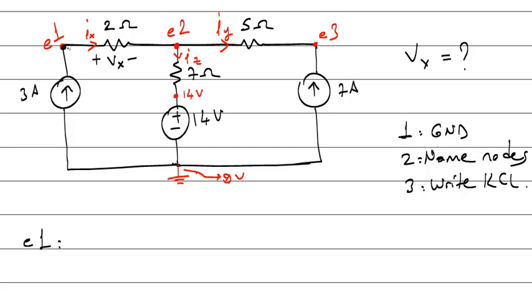Okay. What is the KCL equation? What's entering to node E1? 3 amps. That's it. It's equal to summation of exiting, Ix. Oh, I have calculated Ix. Okay, it's not very difficult. Then, what's the KCL equation on E2?